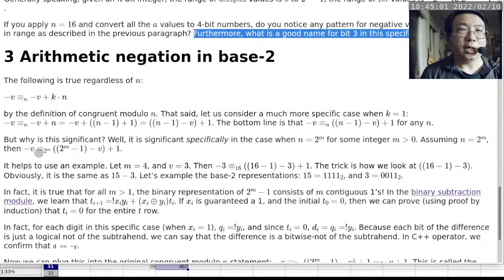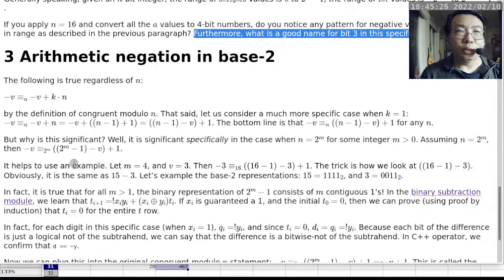You can see how I even changed the congruent modulo n with congruent modulo 2 to the power of m. So there's a subscript and then a superscript in the subscript itself, but it's really just a notation thing.